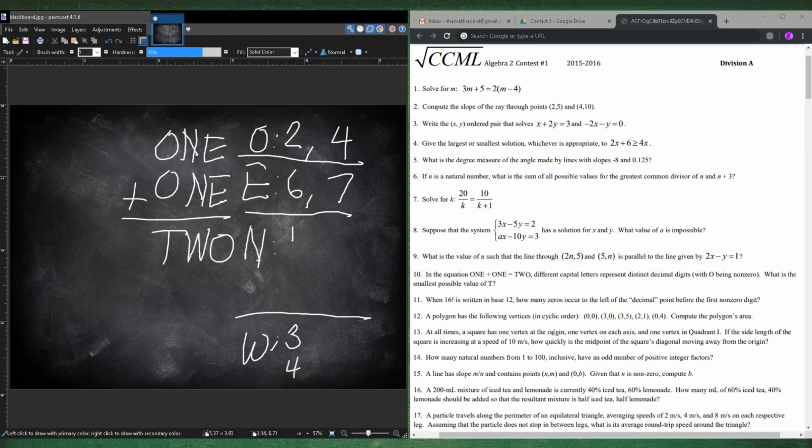Like 4 plus 4 makes 8, which is already higher than 4. So 4 has to be the lowest possible. If O is 2, which is the lowest possible, then E has to be 6, and that makes a 1 here, and the lowest possible for N is 1. So that makes 3. You don't have to add another one there to get 5. So the smallest possible value for T is 4.